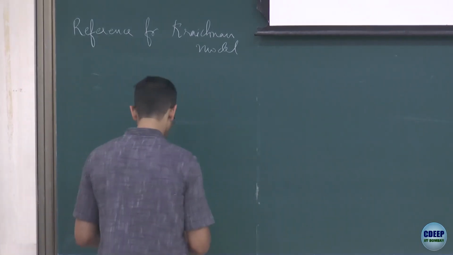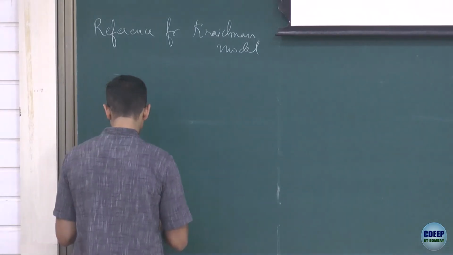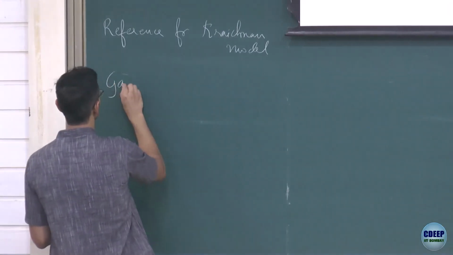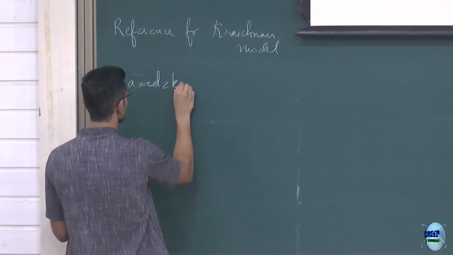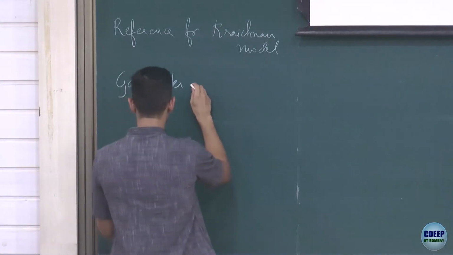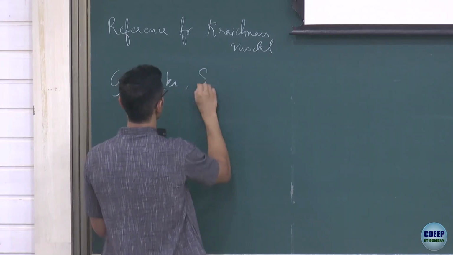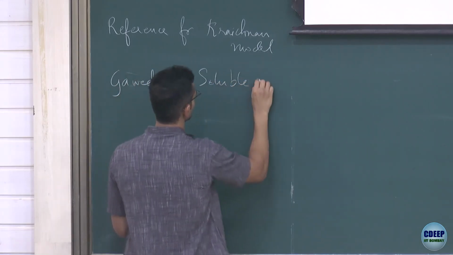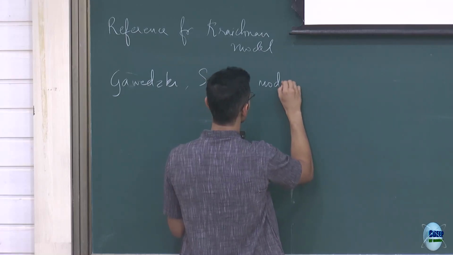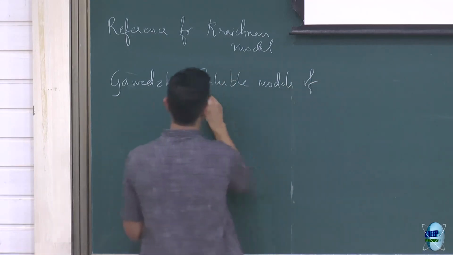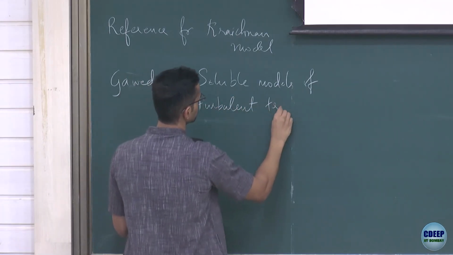All of this and more is discussed in this book, rather in the following chapter. It's a chapter written by Gawedzki called Soluble Models of Turbulent Transport.